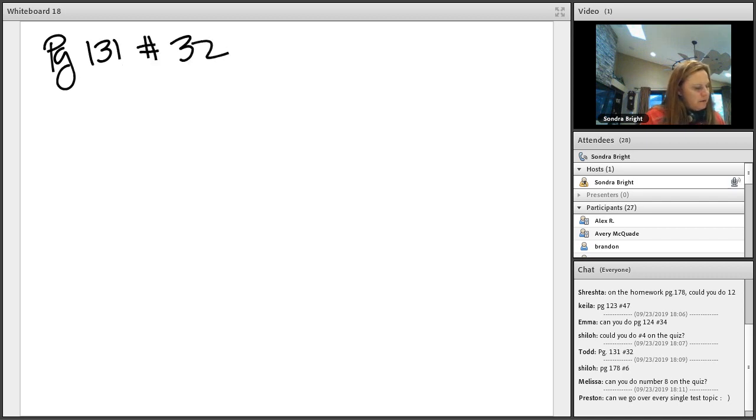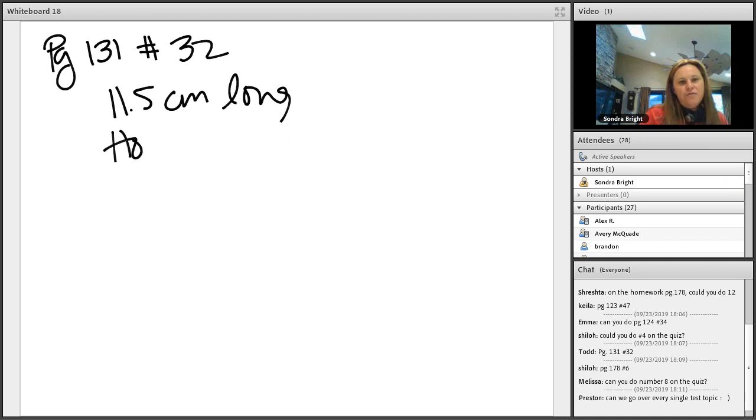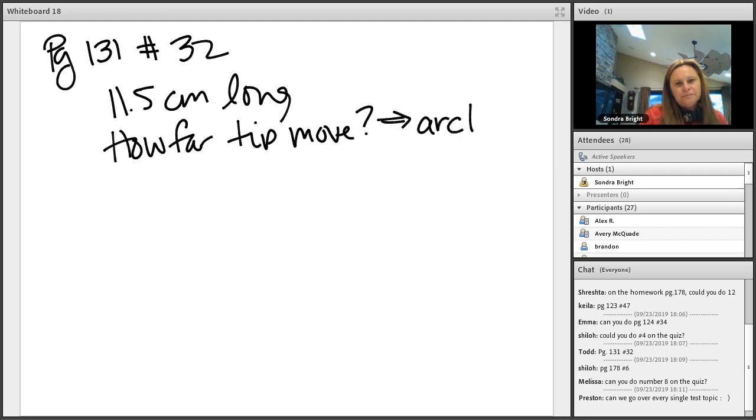The minute hand on a clock is 11.5 centimeters long. How far does the tip move? So how far does the tip move is arc length. And it's from 4 to 4:15.